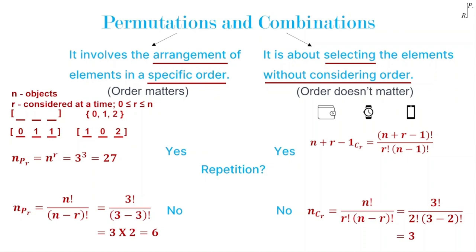That's it. So now when you solve this for our example, it will be (3 plus 2 minus 1) factorial upon 2 factorial multiplied by (3 minus 1) factorial, which upon solving will be equal to 6 ways.